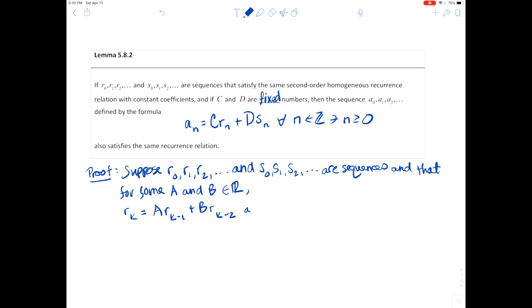And we're going to let S sub k equal A times S sub k minus 1 plus B times S sub k minus 2, because remember, they satisfy the same second order homogeneous recurrence relation with constant coefficients. And this is true for any k belonging to the integers such that k is greater than or equal to 2.